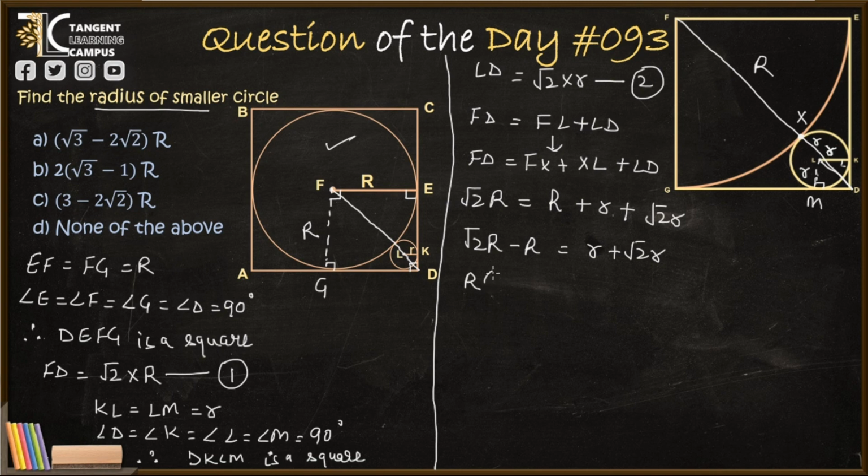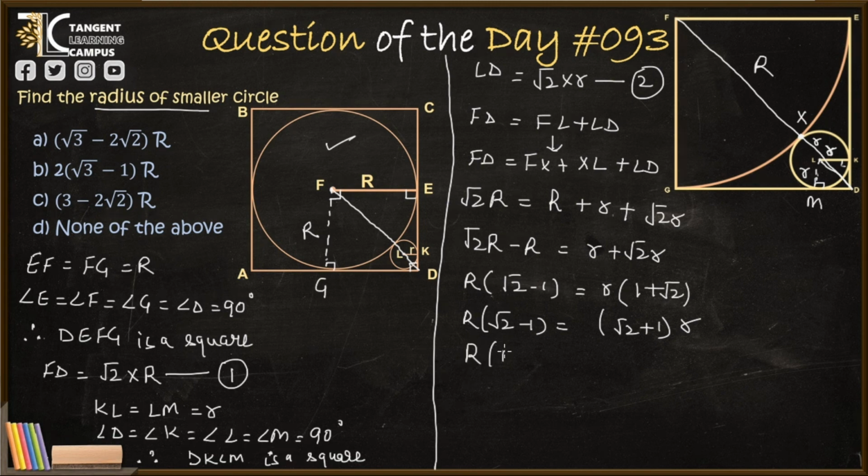So here we get capital R within bracket root 2 minus 1 equals small r within bracket 1 plus root 2. And we can rewrite this as R root 2 minus 1 equals root 2 plus 1 r. So now from here we get the value of small r as capital R root 2 minus 1 upon root 2 plus 1, which is the value of small r.